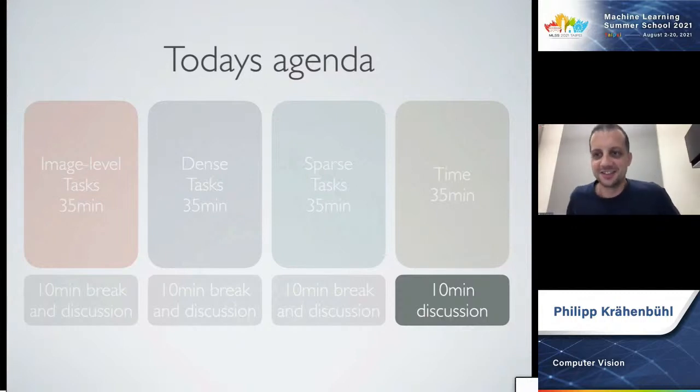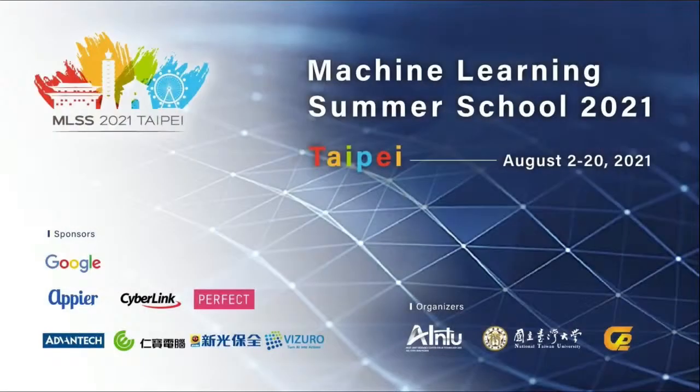Right. While we are waiting for the audience to type their final questions, I have a very general question that we ask most of the speakers. If a student wants to learn more about computer vision, do you have any recommended survey paper, textbook or courses to learn more about modern computer vision?